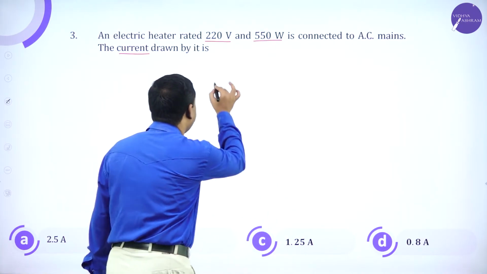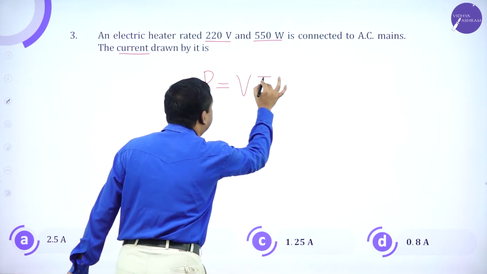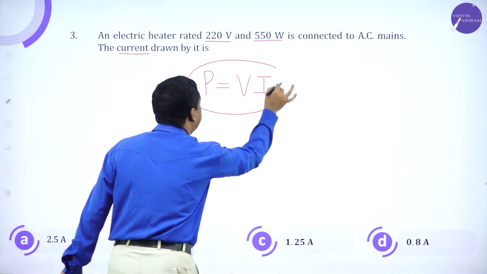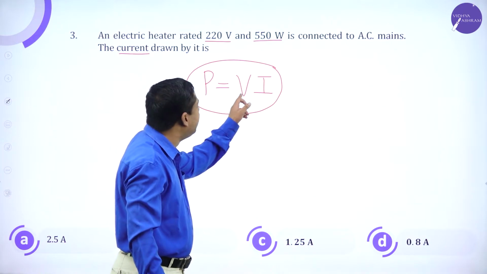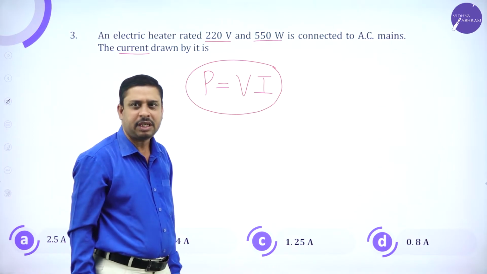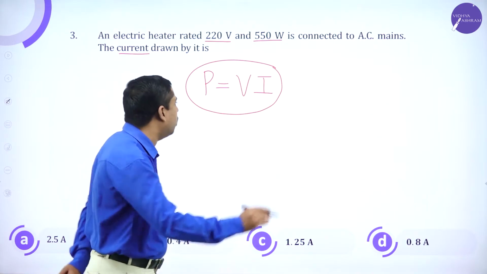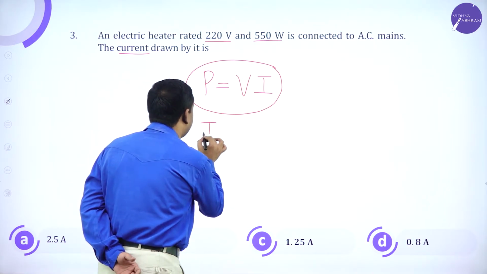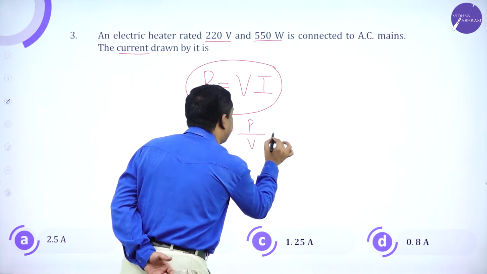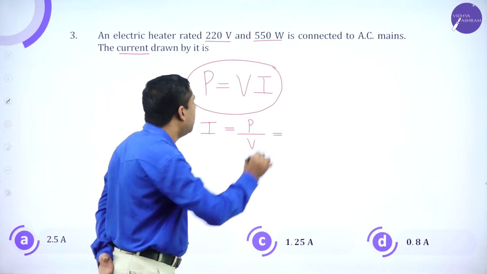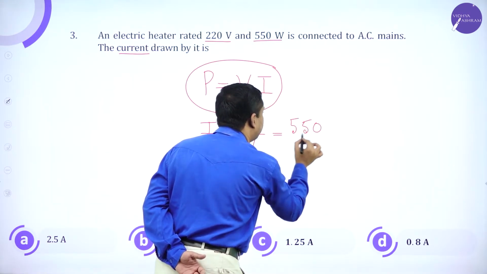And we clearly know these quantities are related by the expression P equals V into I. Power is equal to V into I, or I is equal to P divided by V. How much is P? 550.